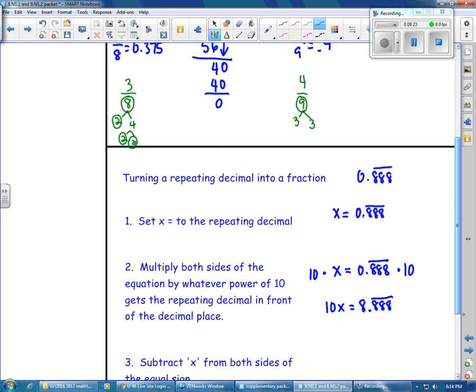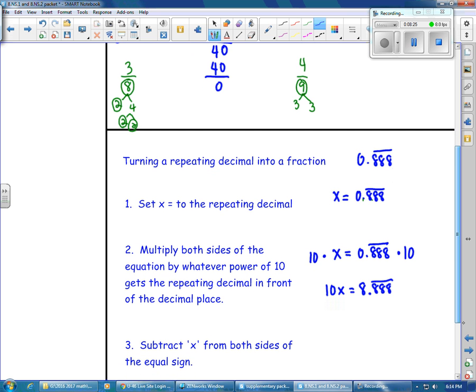So now, my goal is to get rid of the repeater part. So how can I do that? What can I do to get the repeating part of the decimal to kind of go away for me? I'm going to subtract x from both sides of the equation. But x is equal, up here, to 0.888 repeating.